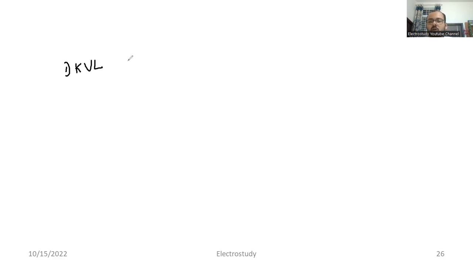The algebraic sum of the products of current and resistance and the EMF acting on the circuit is equal to 0. The product of current and resistance is nothing but voltage drop. So sigma voltage drop and EMF in a closed loop is equal to 0.